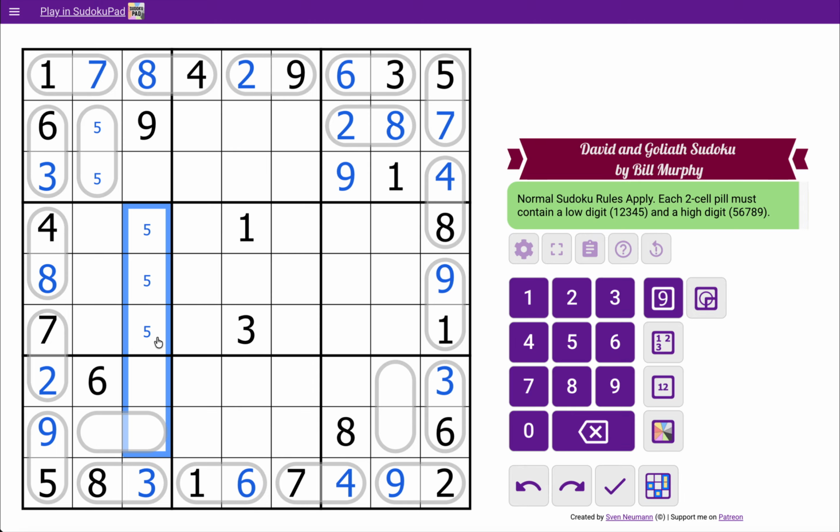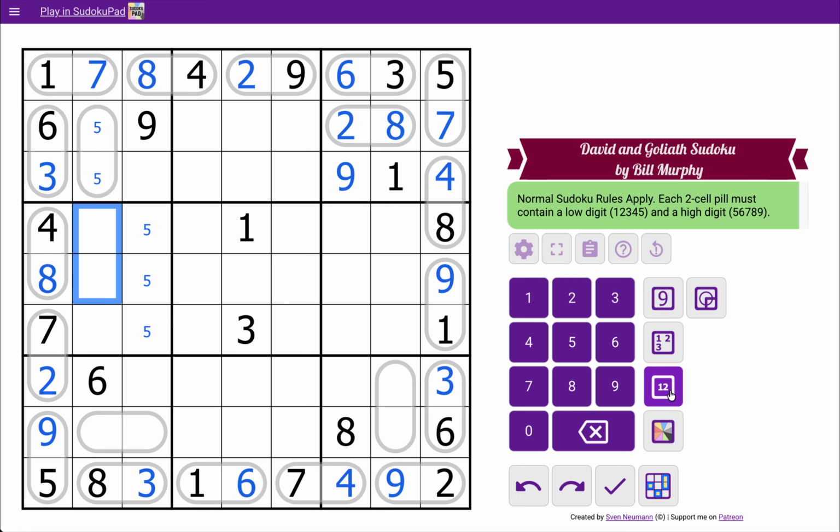Okay, no 3 here. One, 2. Yeah, I guess there's a 9 here or here, but there's no pills or anything, so right now that's not really the biggest thing.